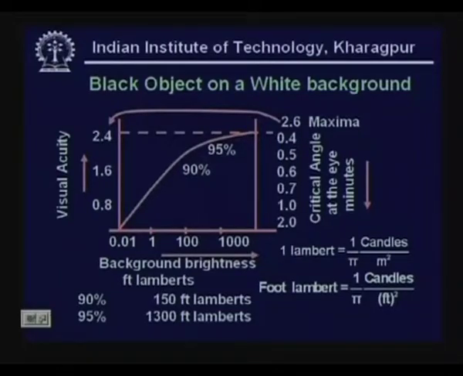So, what does it mean? The requirement to get good acuity does increase with increased illumination, but beyond some point it tends to saturate. In fact, this particular curve also talks about the critical angle at the eye with respect to the background brightness.